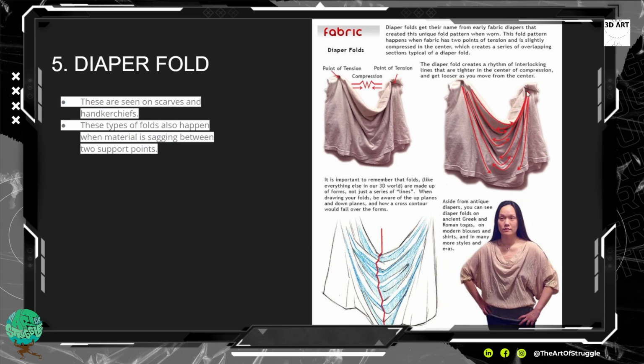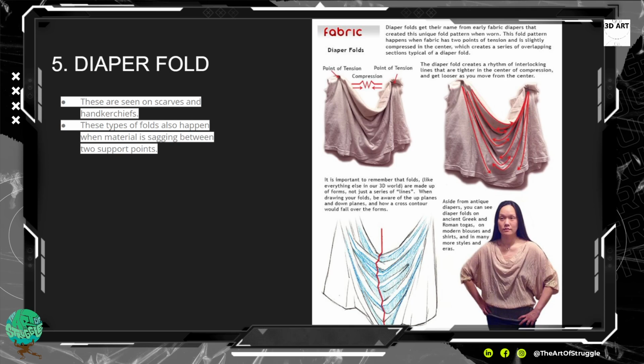Everything's bunching up right here. And the further you get away from that center tension point, the looser you get. And they kind of go into each other. So it's important to remember that folds, like everything else in our 3D world, are made up of forms, not just a series of lines.